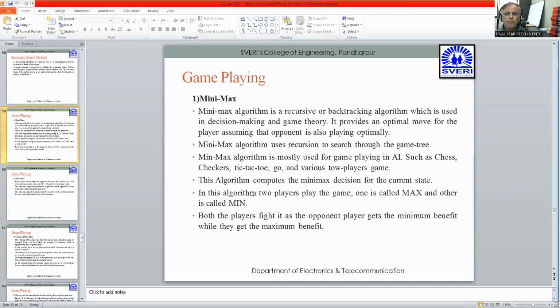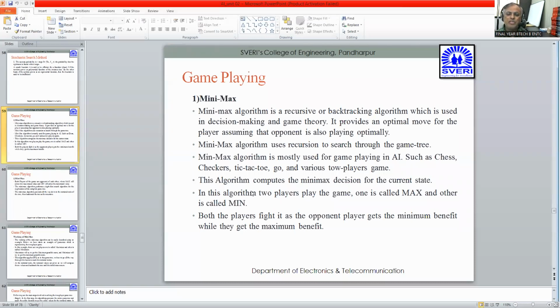So minimax and alpha beta pruning, these two points come under game playing, and we are going to see how these algorithms are used as far as game playing is concerned. Obviously they are part of AI. Whatever algorithm we implement for games, AI has that kind of role, and that role is played through the algorithms.